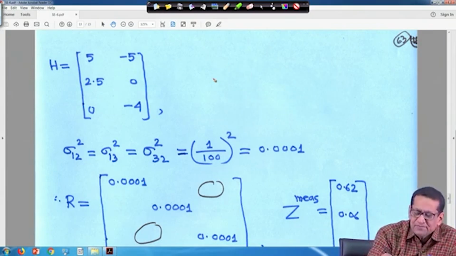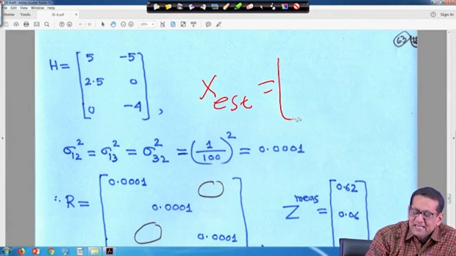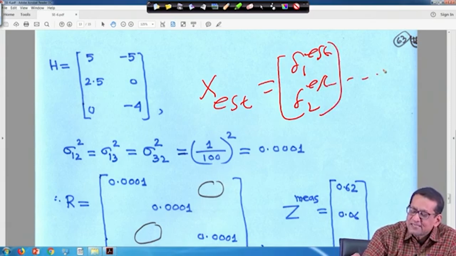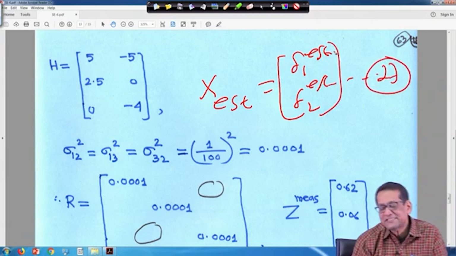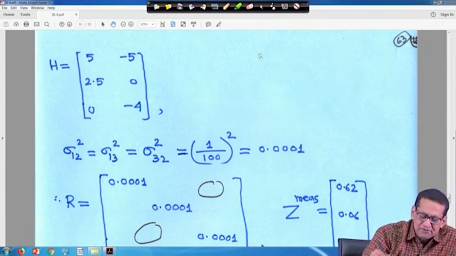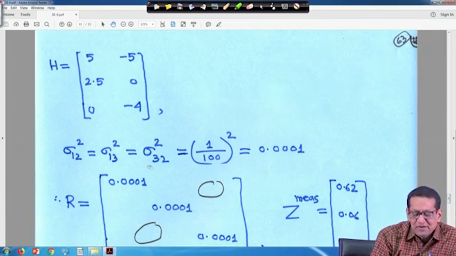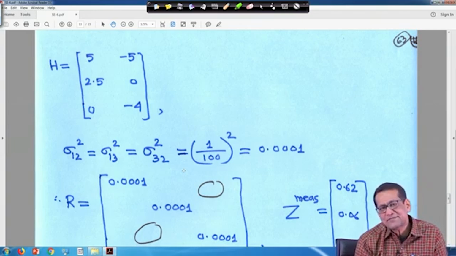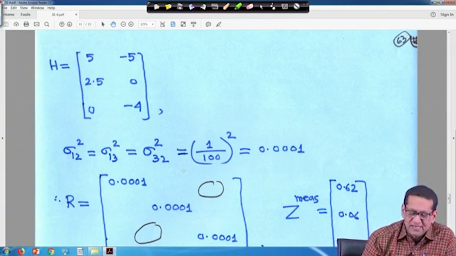And another thing, I have missed one equation number in this note: x estimated is nothing but your delta 1 estimated and delta 2 estimated. It is somewhere around equation number 27, I think. The sigma 1 2, sigma 1 3 and so on are all from meters with the same standard deviation.